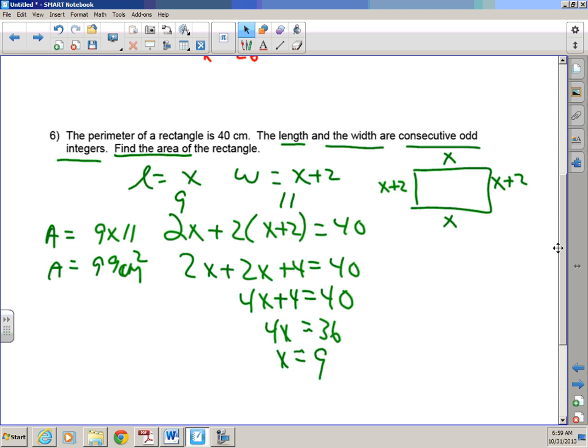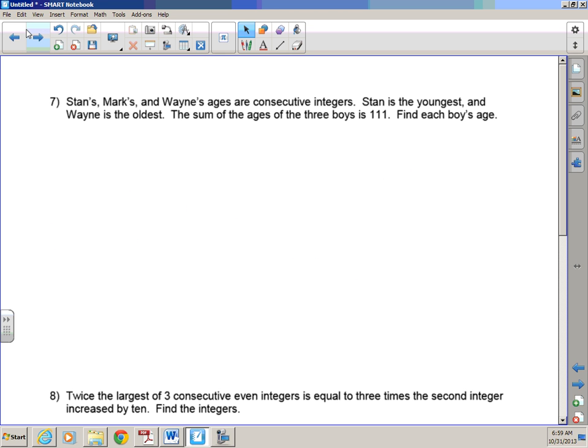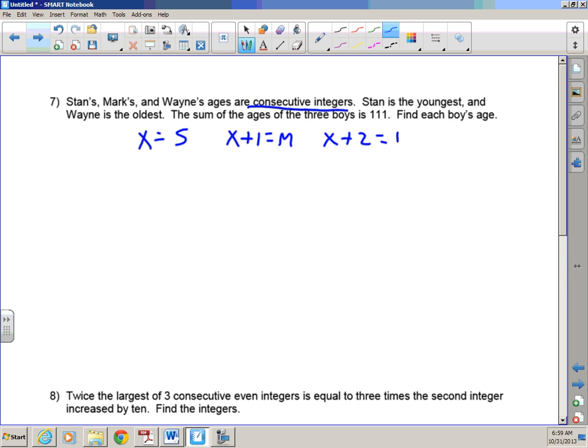Okay, let's continue on. Stan, Mark, and Wayne's ages are consecutive integers. So, x is Stan, x plus 1 is Mark, x plus 2 is Wayne. Stan is the youngest. Wayne is the oldest. All right, the sum of the ages of the 3 boys is 111.